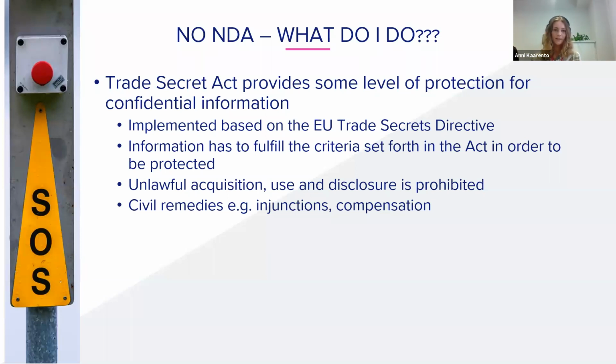Those are permitted. And the Trade Secrets Act provides some civil remedies in cases of trade secret misappropriation, for example, injunctions, or you can claim that the goods which infringe your trade secrets are withdrawn from the market, and you can also receive compensation or damages.